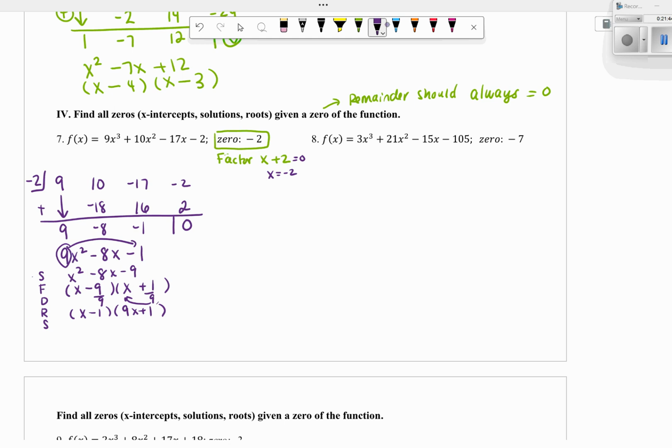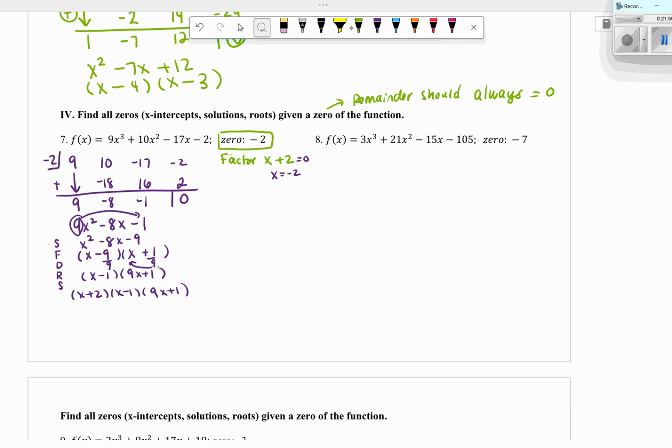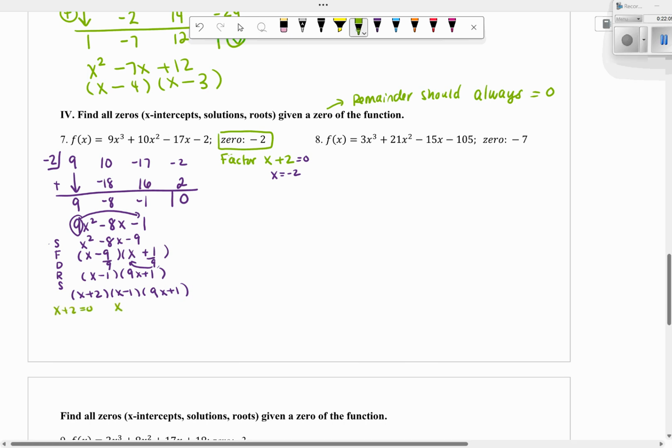So if we were to write the factored form for this, it would be x plus 2 times x minus 1 times 9x plus 1. So that would be the last question that we just did. But this is asking us to find the zeros. So since this is asking us to find the zeros, we want to set each factor equal to 0 and solve. So x plus 2 equals 0, x minus 1 equals 0, and 9x plus 1 equals 0.